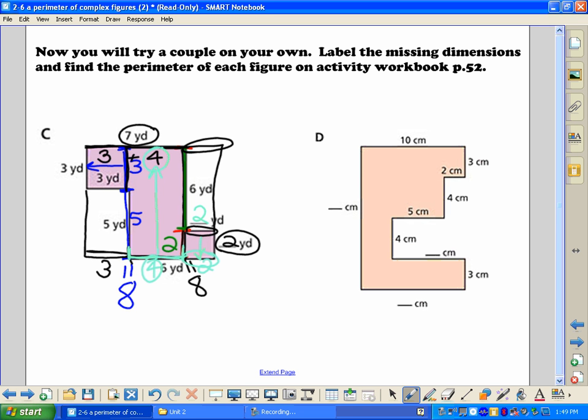So now we can figure out our perimeter, right? Woo! That's lots of work to figure out this perimeter, right? Okay, how much?